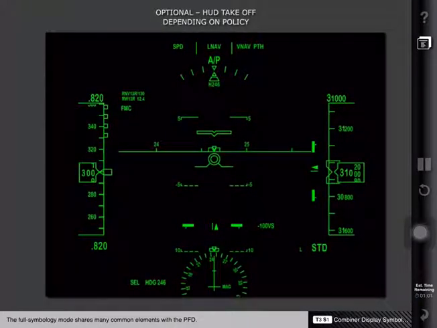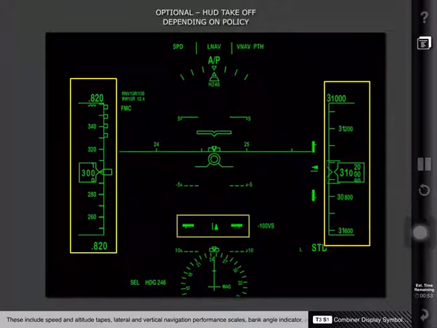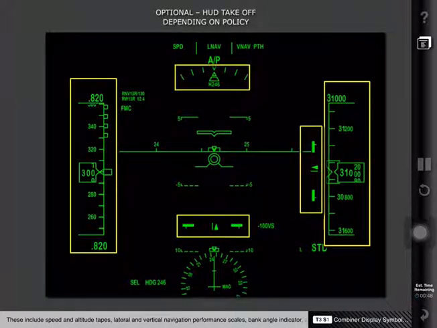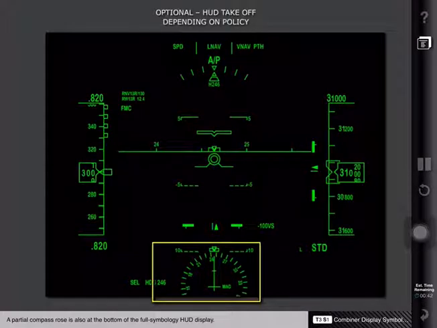The full symbology mode shares many common elements with the PFD. These include speed and altitude tapes, lateral and vertical navigation performance scales, bank angle indicator, and flight mode annunciations. A partial compass rose is also at the bottom of the full symbology HUD display.